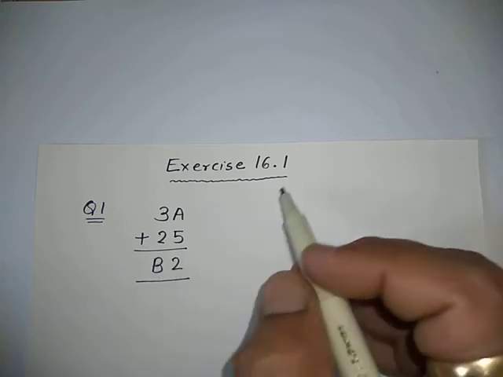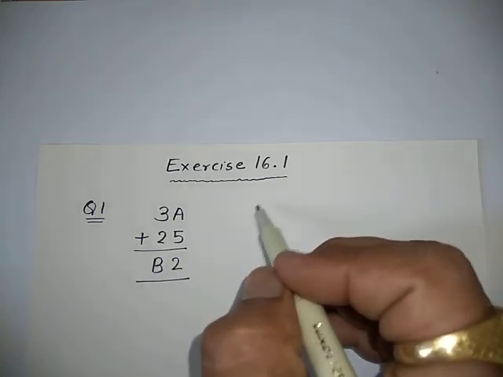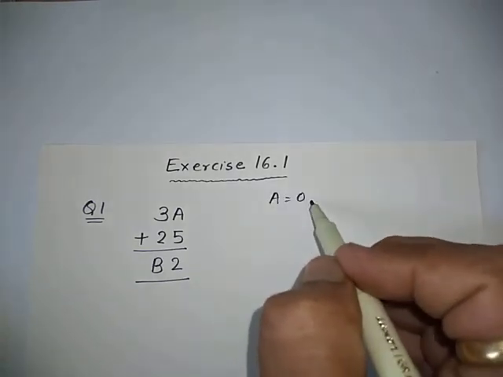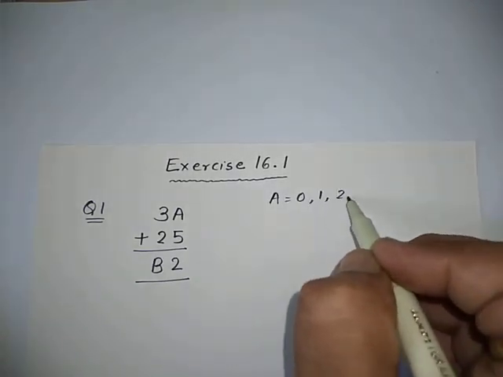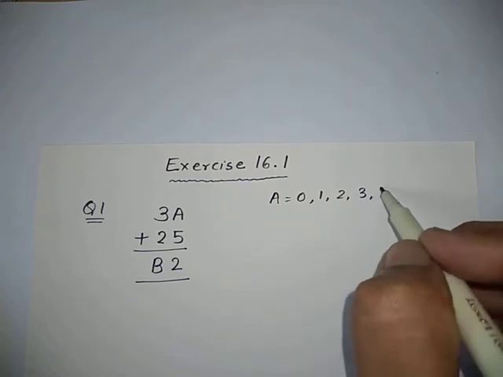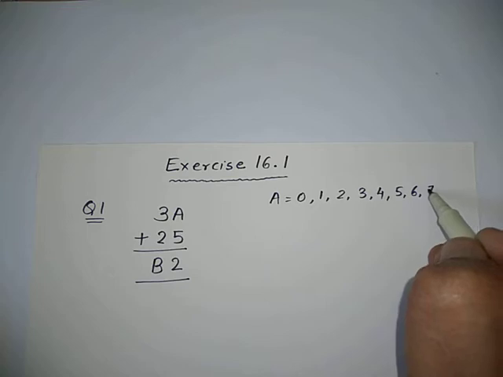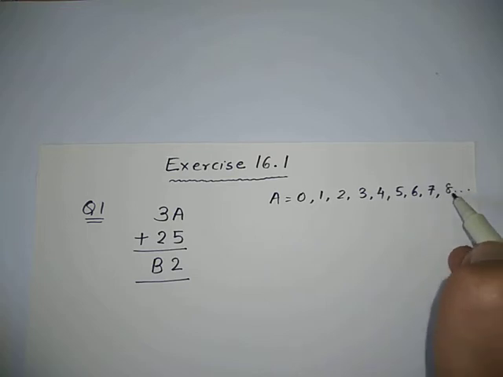That means if I take A is equal to 0, it may be 1, it may be 2, it may be 3, it may be 4, it may be 5, 6, 7, 8 and so on.